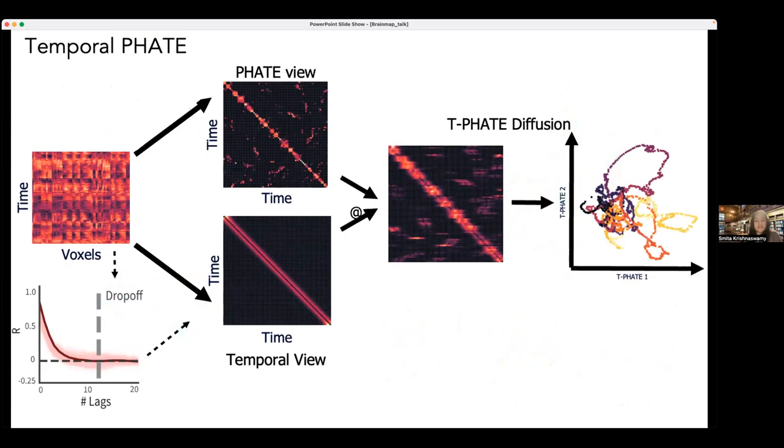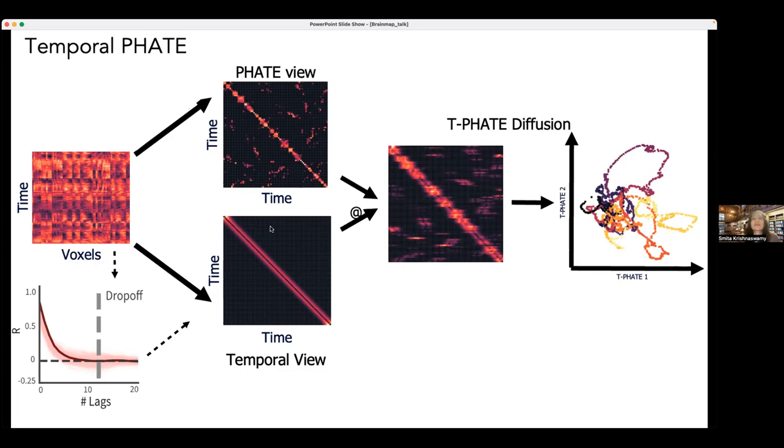So now the question is, how do we extend PHATE into data where we have the temporal dynamics that we figured out, for example, in brain activity data or fMRI data? What we do is we take each time point of measurement that we have and we connect the time points both based on the original PHATE view of comparing all the activations at the time point, and a temporal view that gives you an autocorrelation kernel that says similar time points have to look similar.